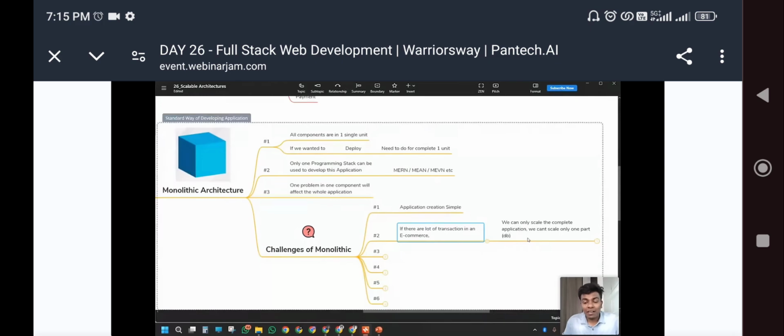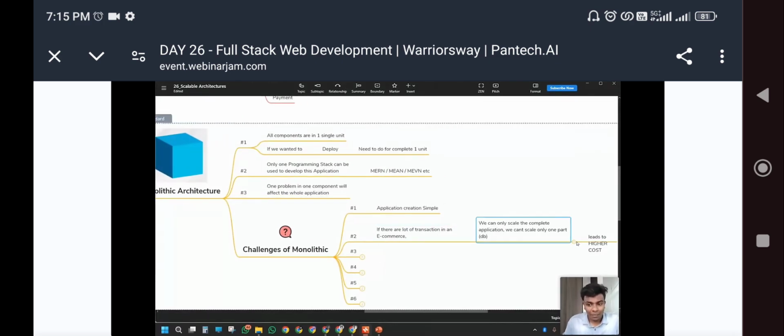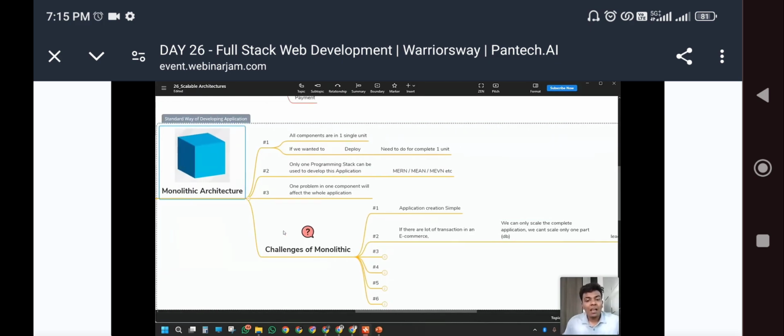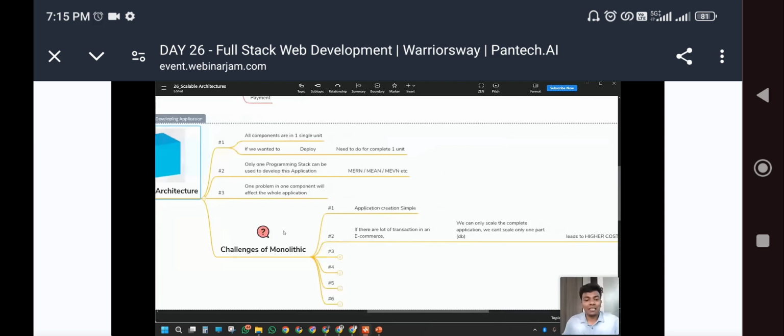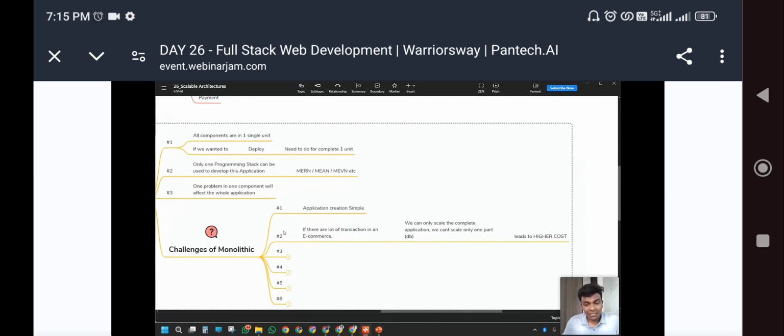We can scale the complete application, but we can't scale only one part, like the DB. You have created one application using monolithic architecture, and if any certain component or service really requires some scaling, you can't do it individually, because everything has dependencies and is present in a single unit.